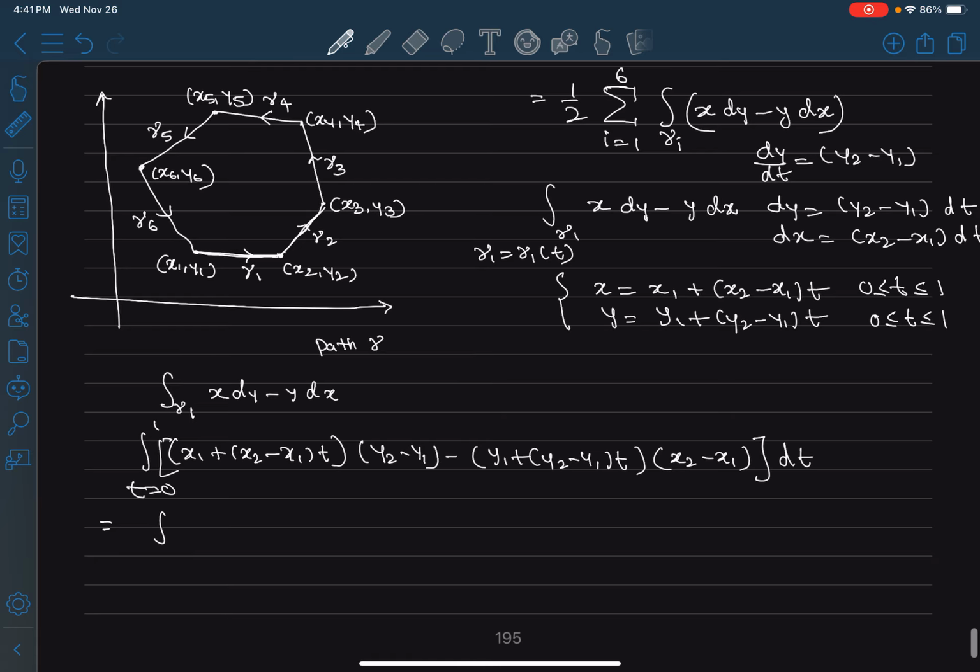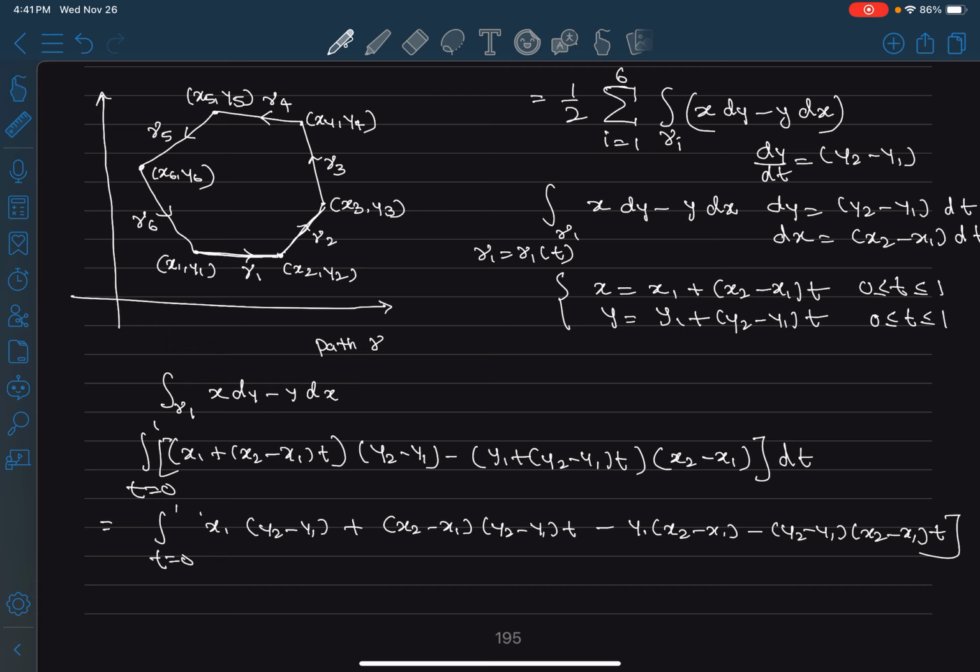So this becomes the integral from t equals 0 to 1 of x1 times y2 minus y1, plus x2 minus x1 times y2 minus y1 times t, minus y1 times x2 minus x1, and then again minus y2 minus y1 times x2 minus x1 times t, dt.